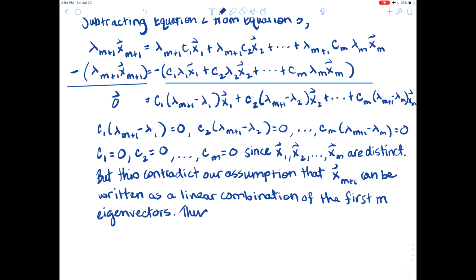Thus, the set of eigenvectors is linearly independent.